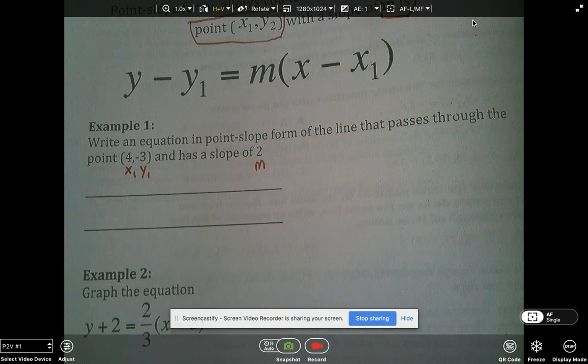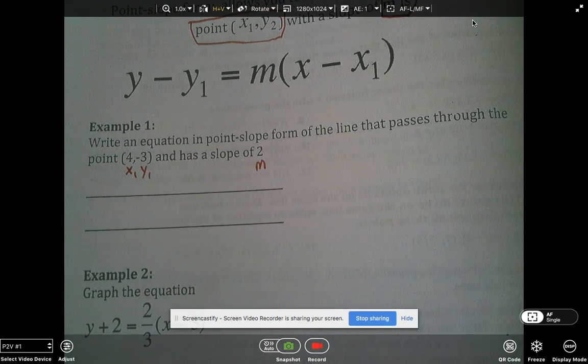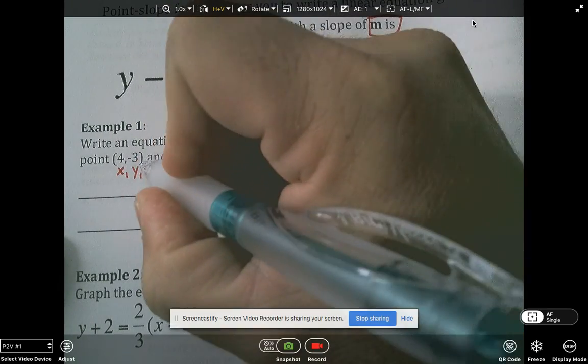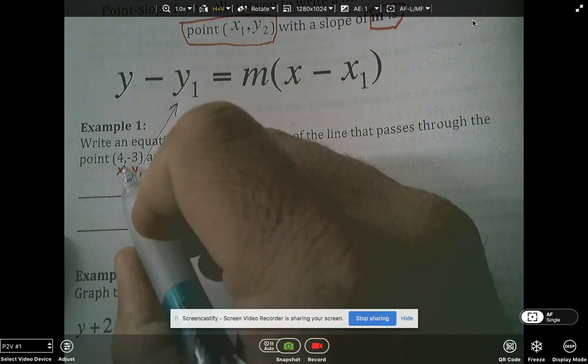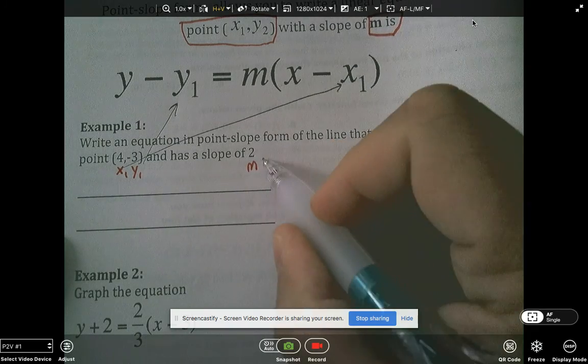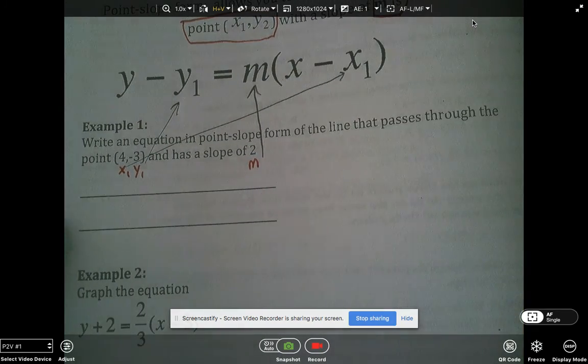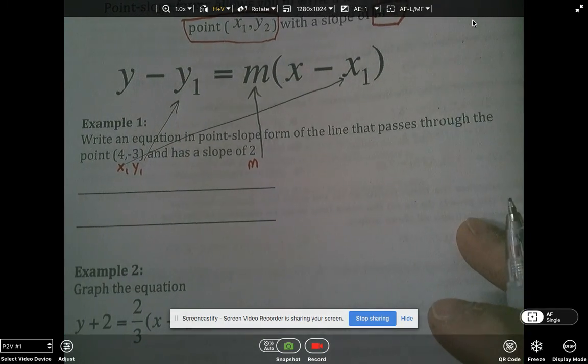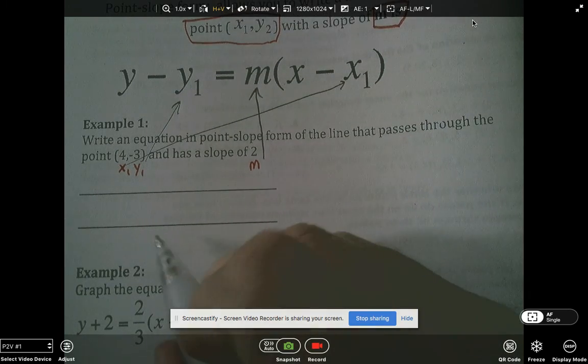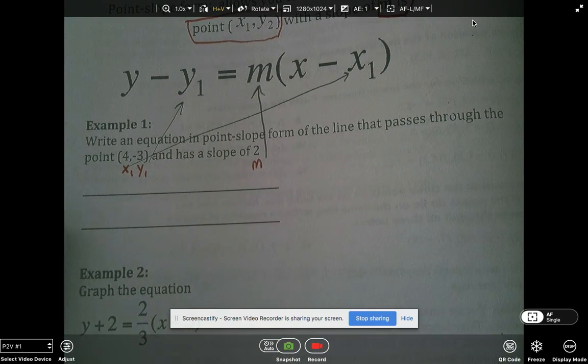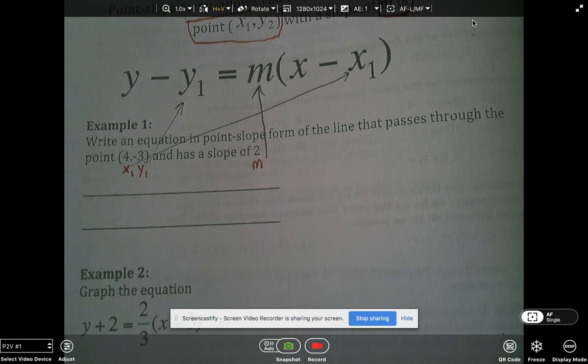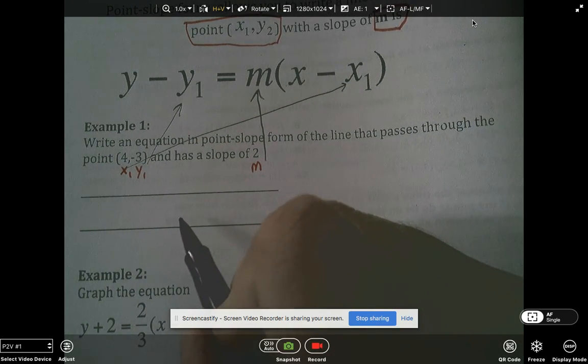The first thing we're going to do now is just plug everything right into our format. If I pause the video, is there someone here that could fill that all in for me and tell me the equation in point-slope form?